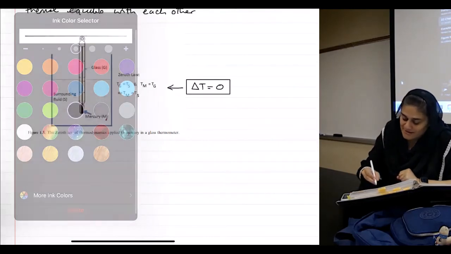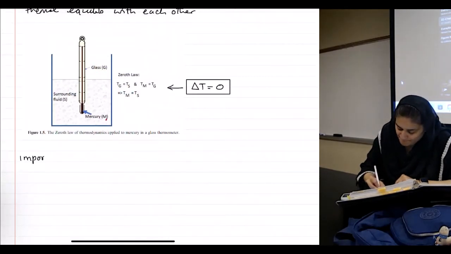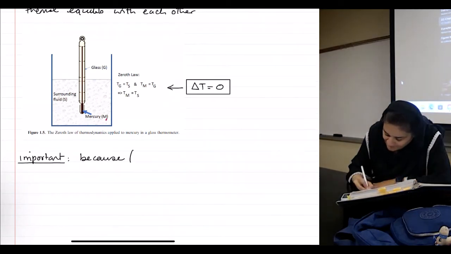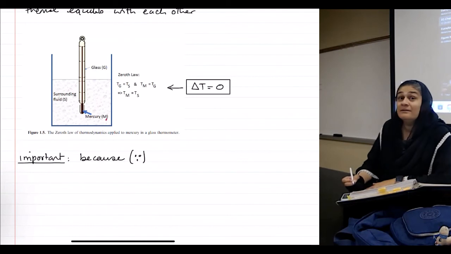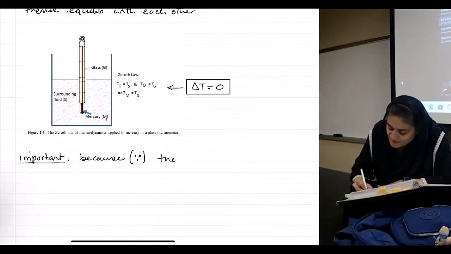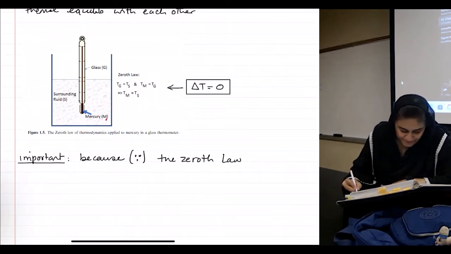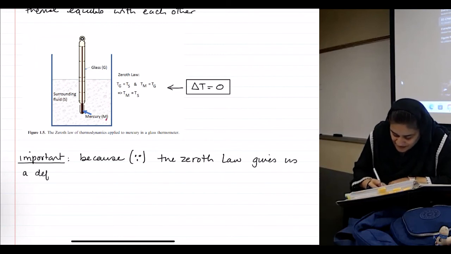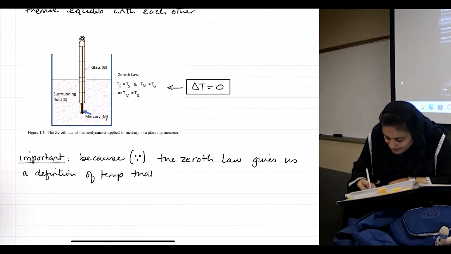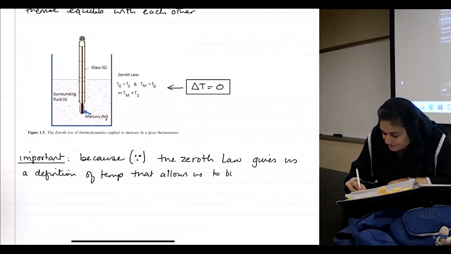The Zeroth law is important because the Zeroth law gives us a definition of temperature that allows us to build and use thermometers.